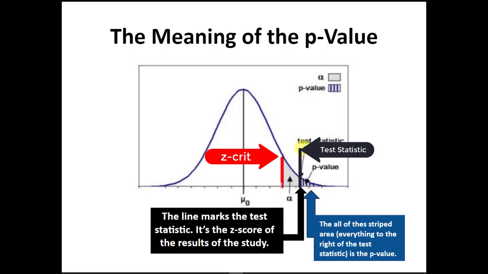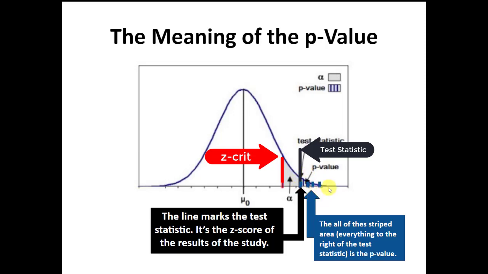The test statistic is the z-score for your experiment, for your sample. If that test statistic goes beyond the z-crit, then you can reject the null hypothesis. The p-value is this striped area in here.